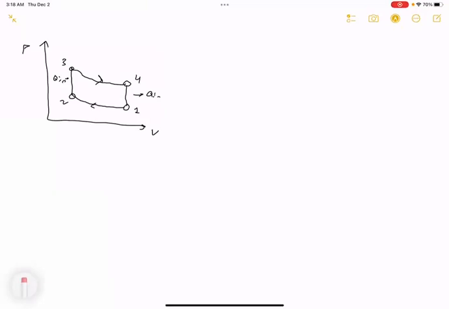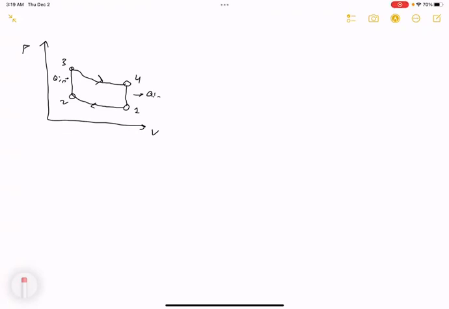So since this is an isentropic process, we can use the isentropic relations. So again, another reminder, the isentropic relations are basically the polytropic relations. They're the same thing, but specifically we're going to be using k instead of n because as an isentropic process, our n is really k.